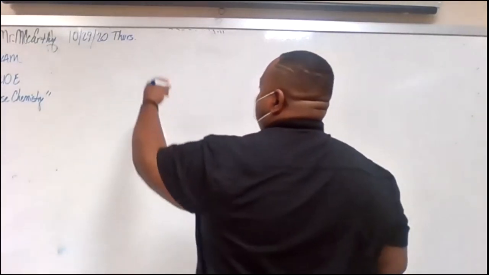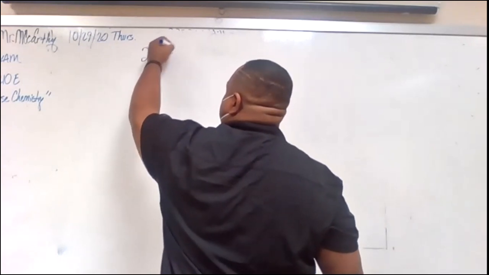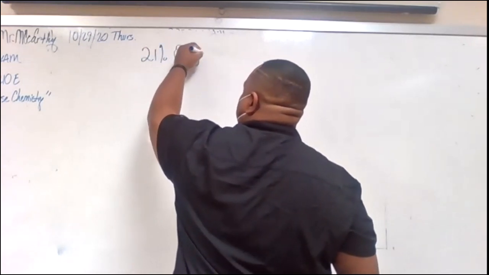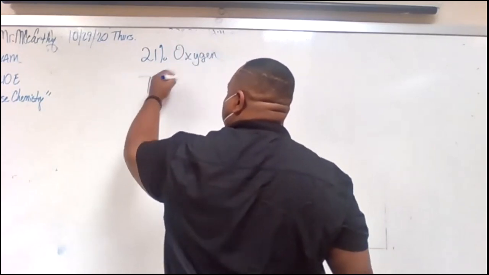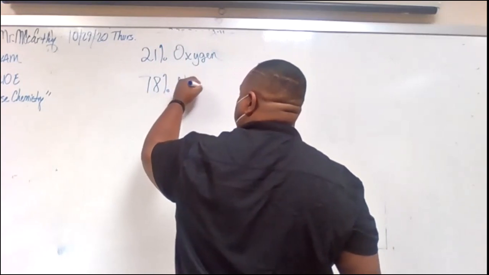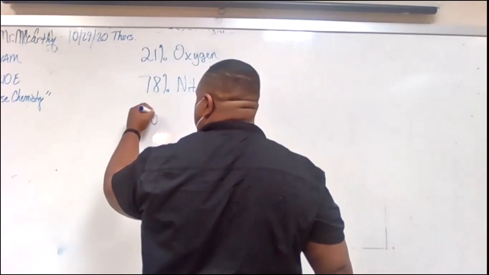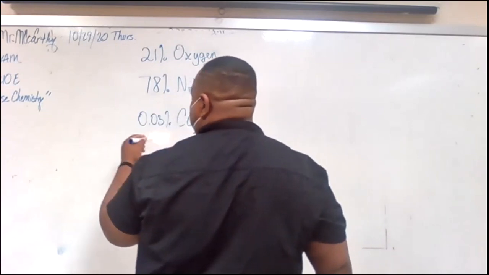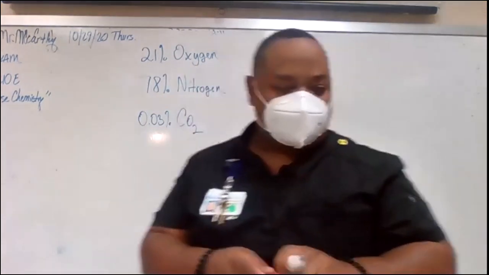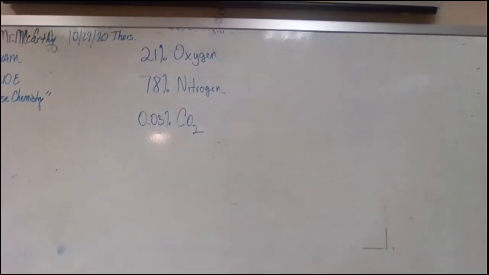In the atmosphere is 21% oxygen, 78% nitrogen, I think it's 0.03% CO2, I'm trying to find out for sure, argon and trace gas.